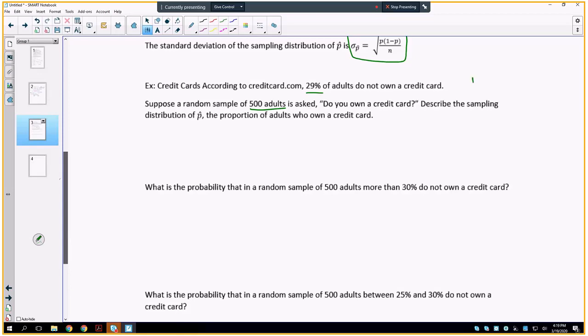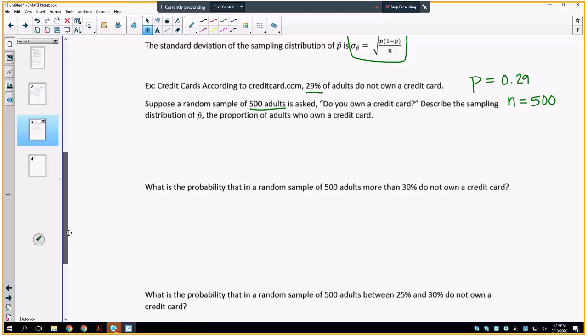So I'm going to say, according to creditcard.com, P is 29%, but I need to convert 29% to a decimal, so I divide by 100, and that's 0.29. And n is 500, because that's the size of the random sample of adults.